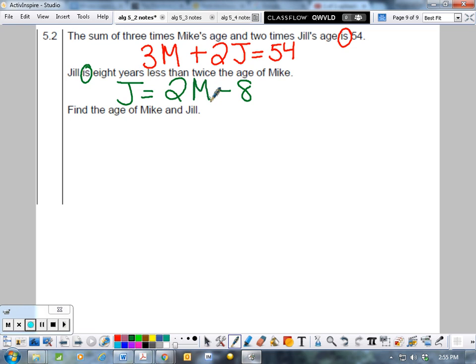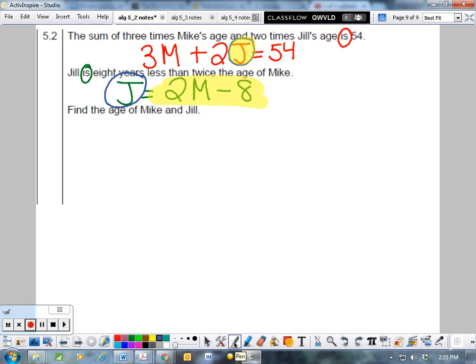So now I'd go back and figure out, okay, which one is by itself? I have a J by itself right here. So up here in the J spot, I'm going to put what J is equal to. J is equal to 2m minus 8. So here in the J spot, we're going to put 2m minus 8.